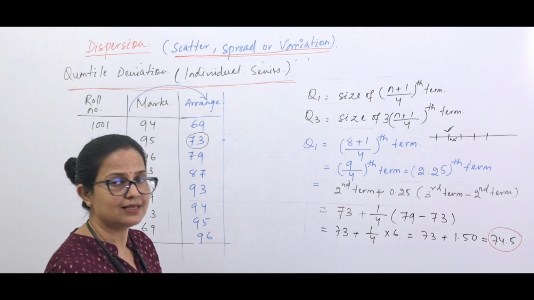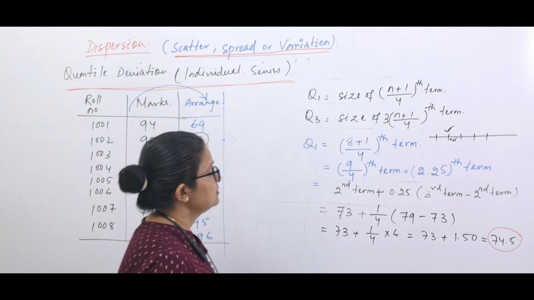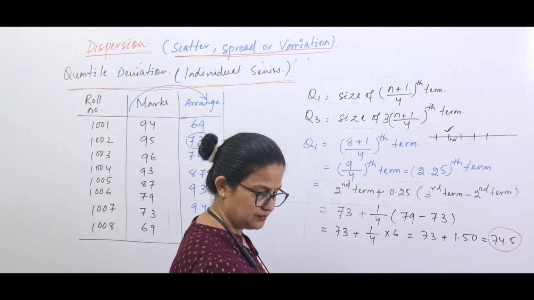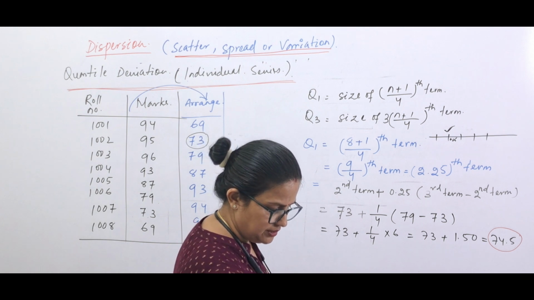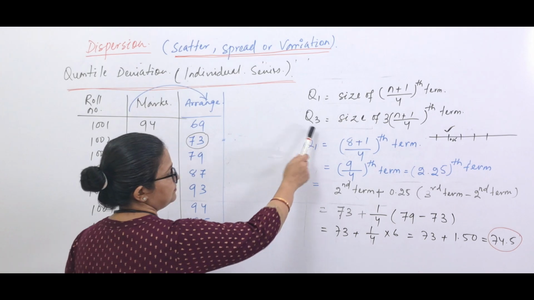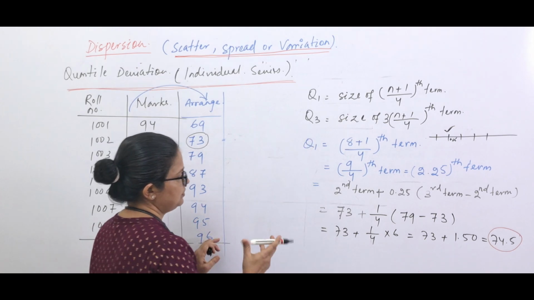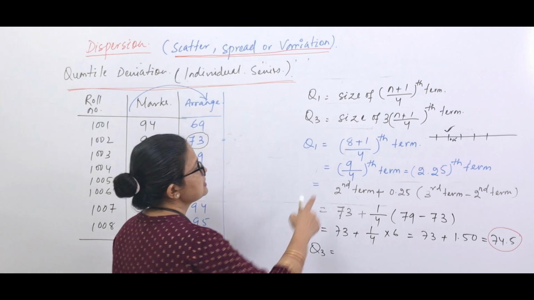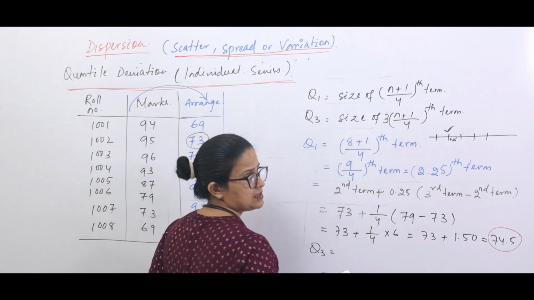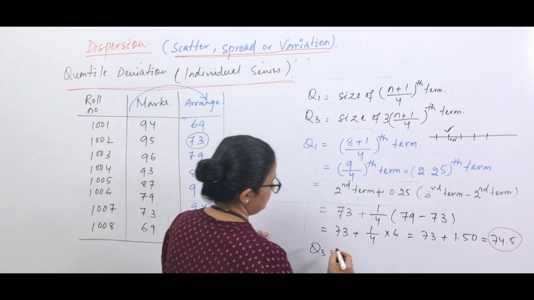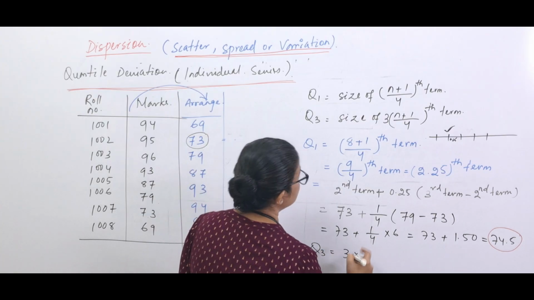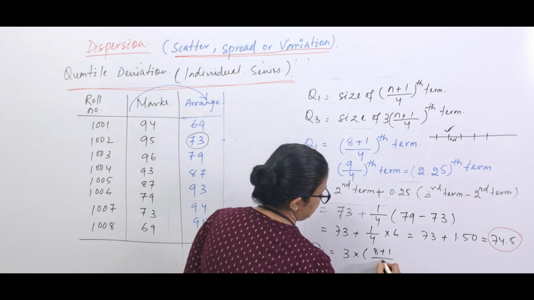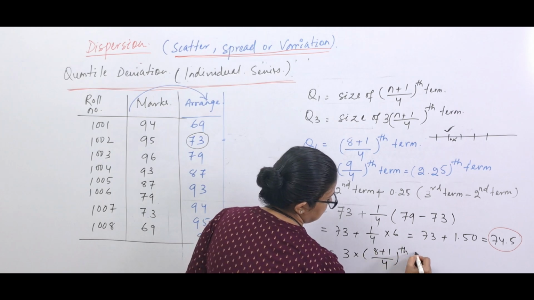Now we get Q3. To calculate Q3, we have to use this formula. Q3 is equal to 3 into (n plus 1) by 4 th term. That is 3 into (8 plus 1) by 4 th term.